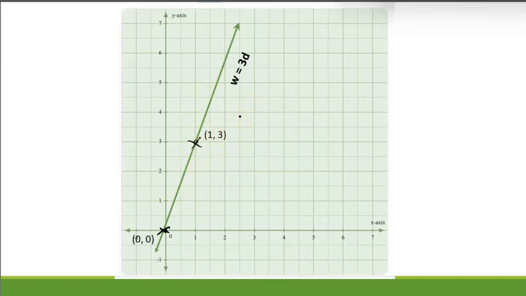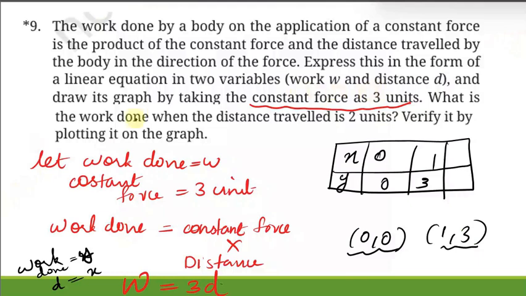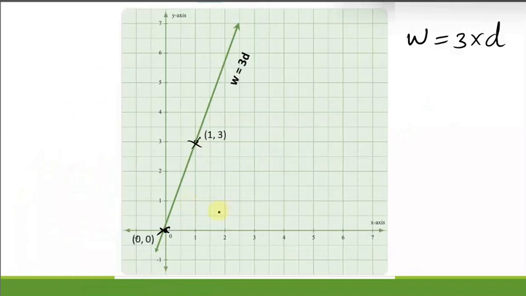So this will be your graph, and we knew that work done is equal to 3 times distance traveled. Now, given in the question, you have to find the work done when the distance traveled is 2 unit. So distance traveled D will be 2 only.